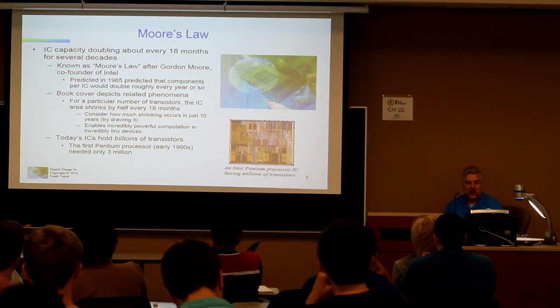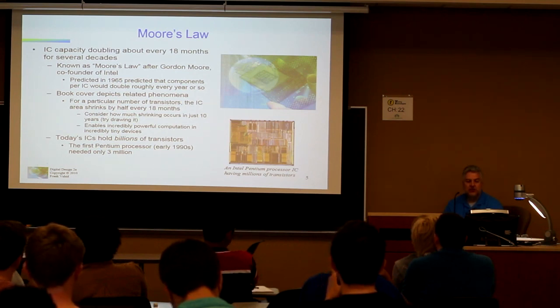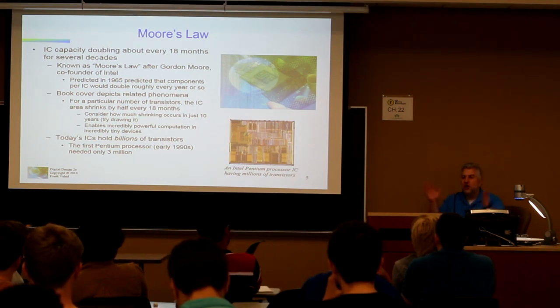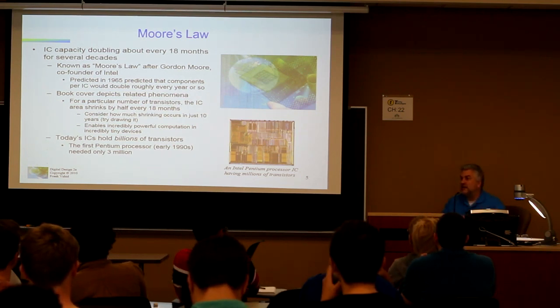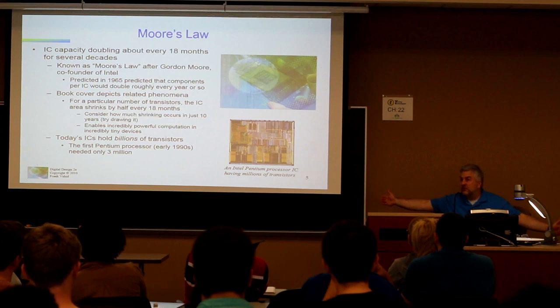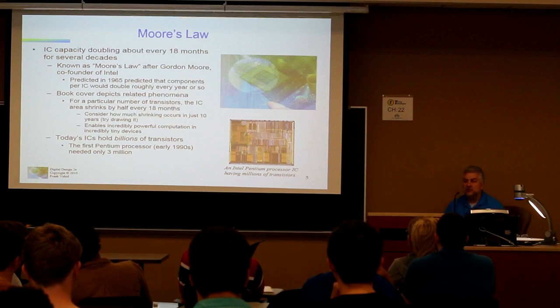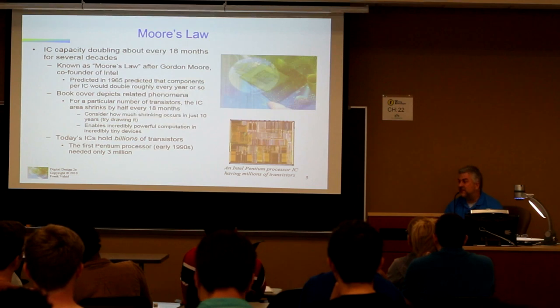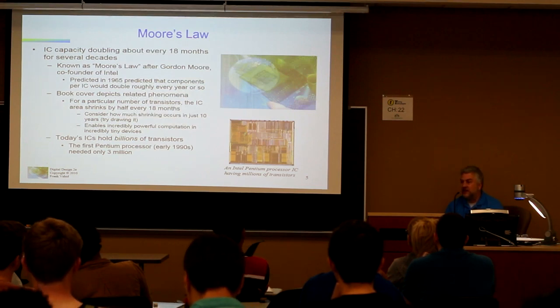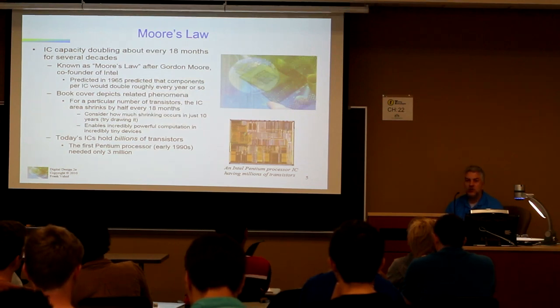In other words, the number of components you could put on an integrated circuit would double every 18 months. So over time, you're putting more and more on the same space. That's the reason why we're able to have a mobile phone in your pocket, like the iPhone 6, that does pretty much what computers did 20 years ago.